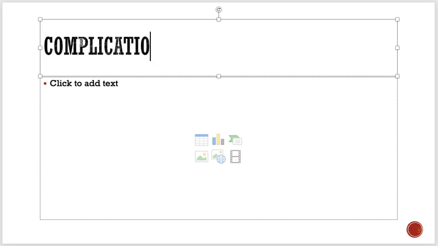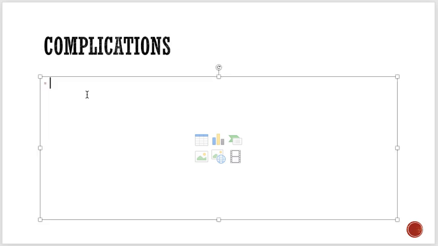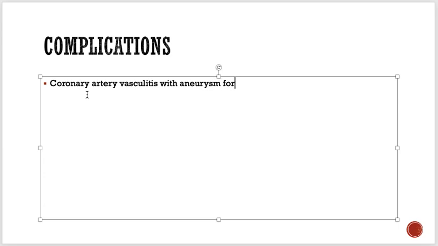The complications of this condition, number one, is coronary artery vasculitis, right, with aneurysm formation. Okay, it occurs in 20 to 25% of untreated children.